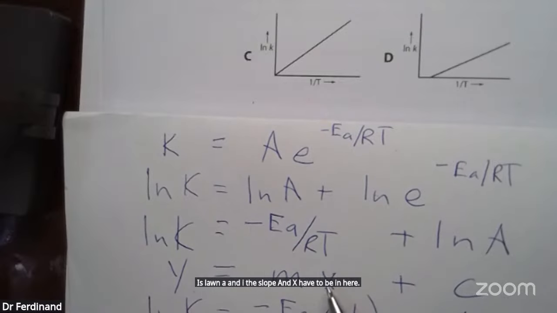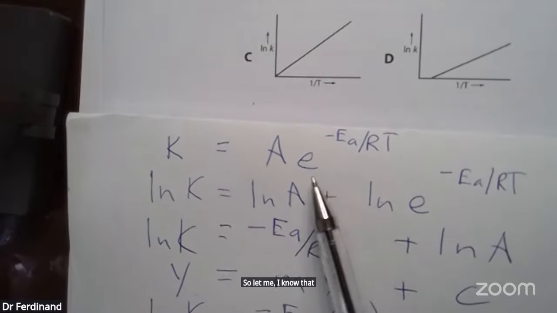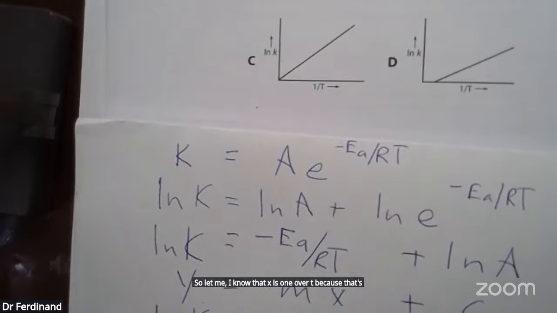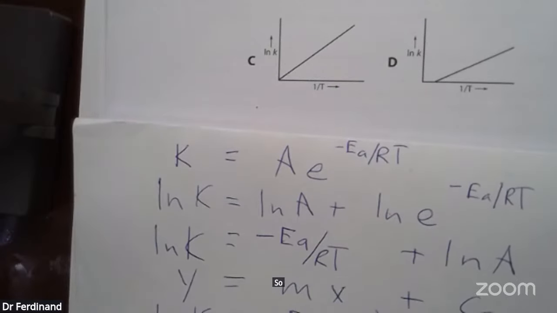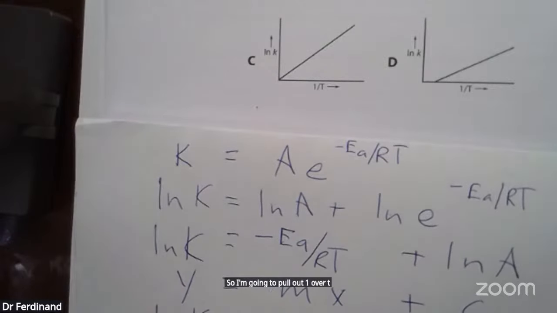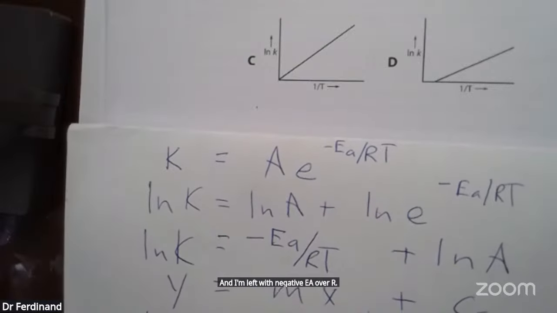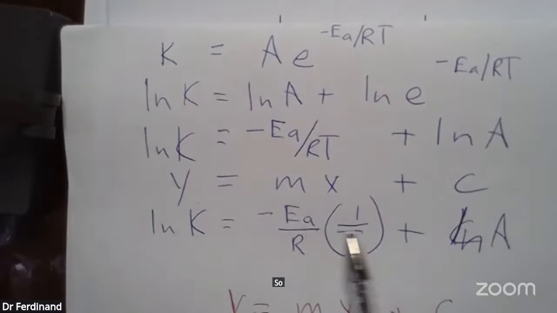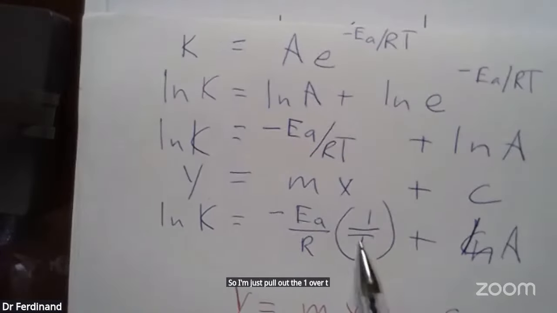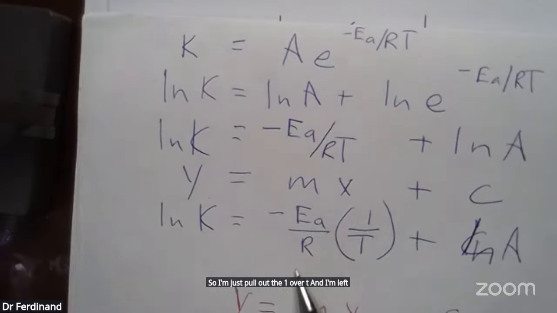So I know that x is 1 over T because that's according to the graph. So I'm going to pull out 1 over T, which is my x, and I'm left with negative E_A over R. All mathematics.